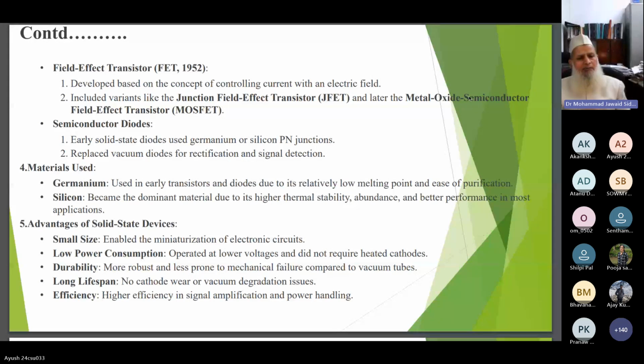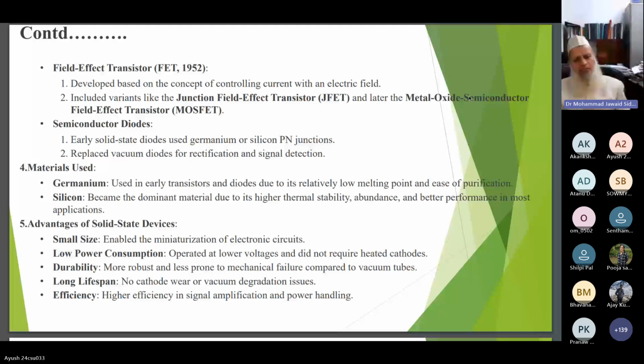But later on, germanium was replaced by silicon because the thermal stability of germanium was very poor. Of course, germanium has more mobility and a smaller energy gap, but its thermal stability is very poor with respect to silicon.